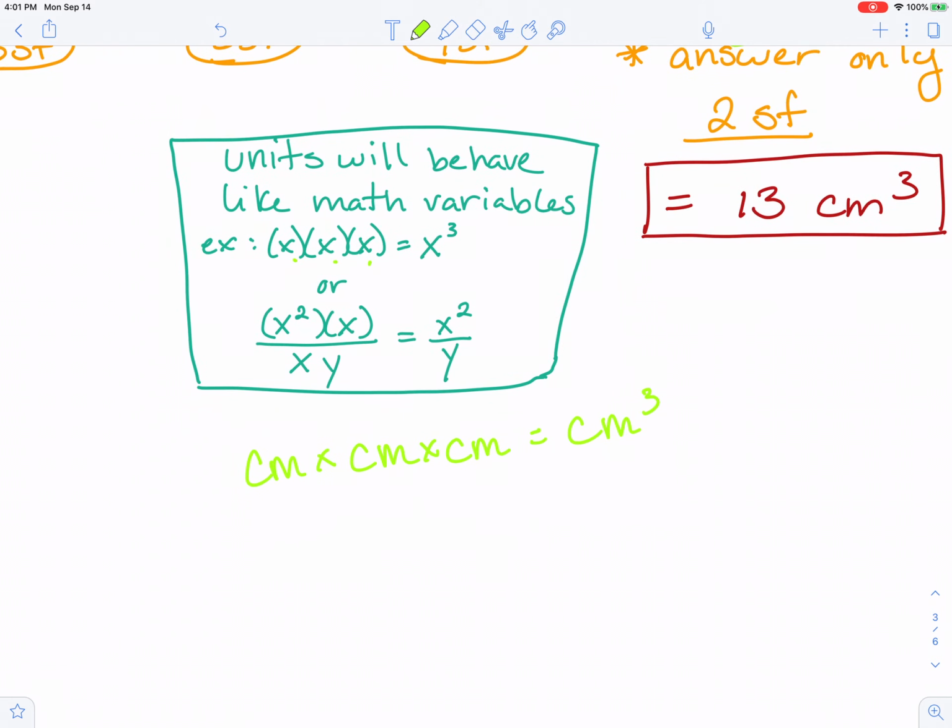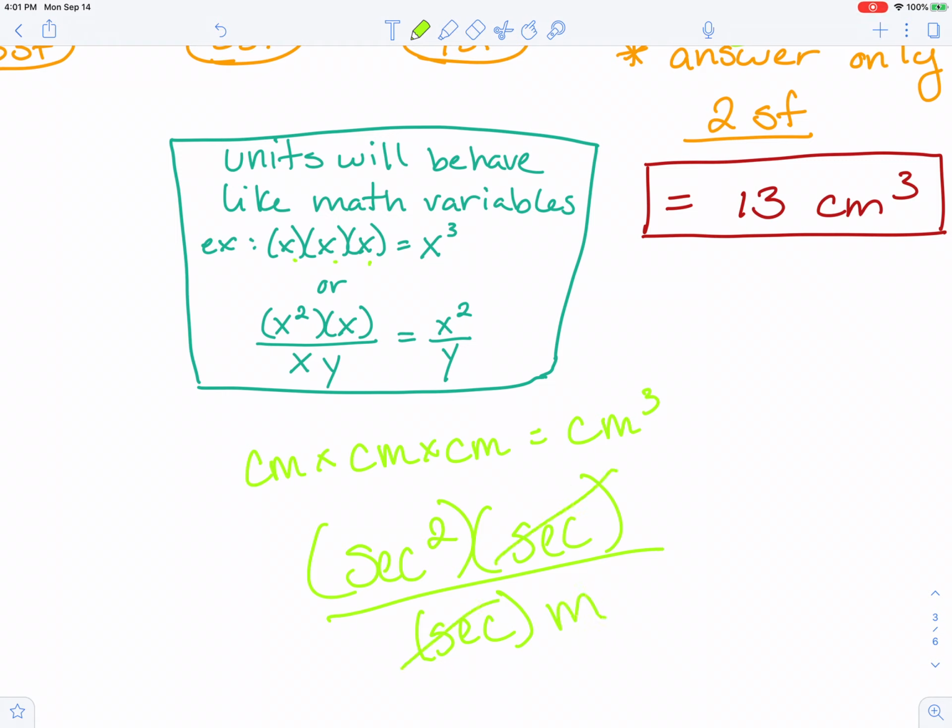So, let's do, what if you have seconds squared times seconds over seconds times meters? Well, then the seconds and the seconds will cancel, and you'll be left in the units of seconds squared per meter, which I don't think is a real thing. But that's how units work.